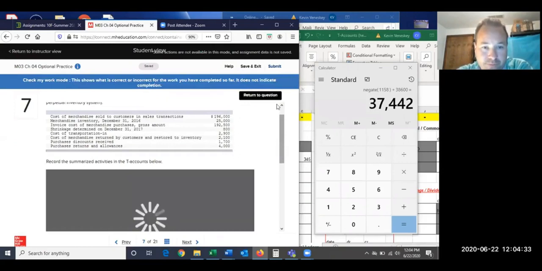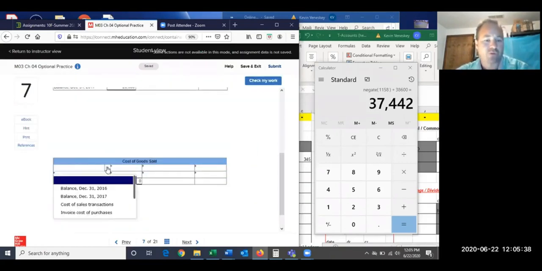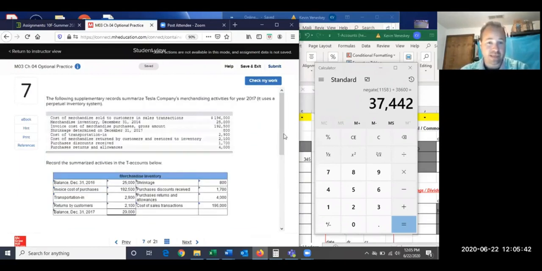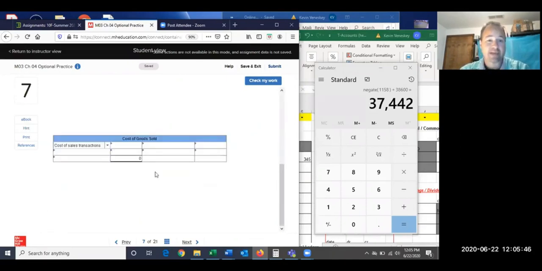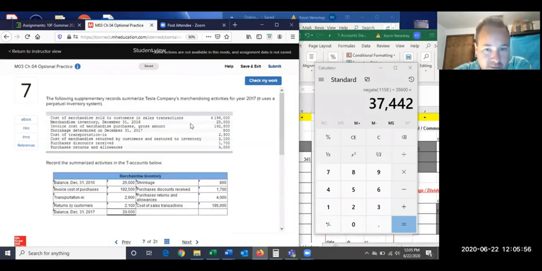Show work. Actual cost of goods sold, what we would just simply show here is the cost of sales transaction, just to show what the T account would be. We have 196,000. Because technically it's not really 196 because the customer did return some stuff. Let's put in the rest of that.